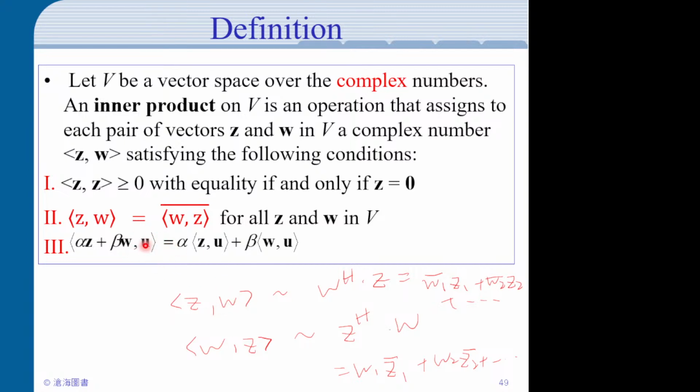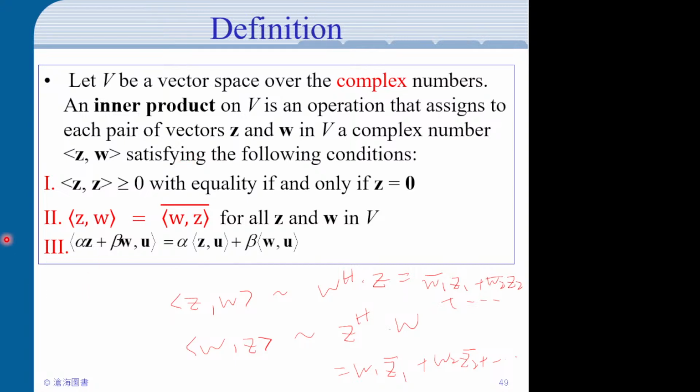You will have a complex conjugation of linearity. When you switch the arguments, with alpha z plus beta w, you get the actual complex conjugation, and so in the second argument you will actually get alpha bar and beta bar here.